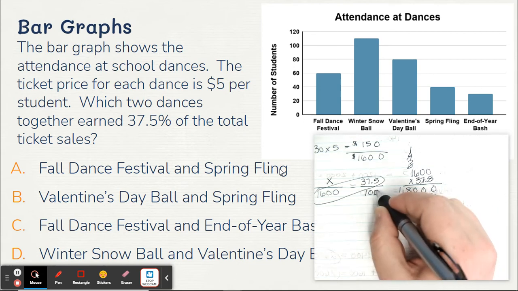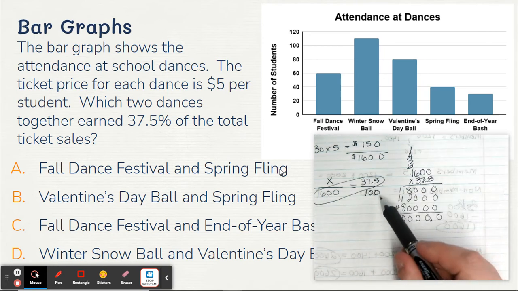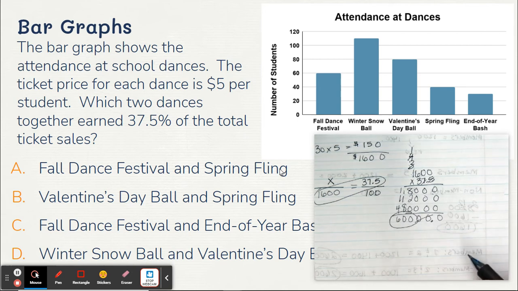And then when I divide by 100, if it's all zeros at the end, I just cross off 2 zeros, and that makes my answer 600.